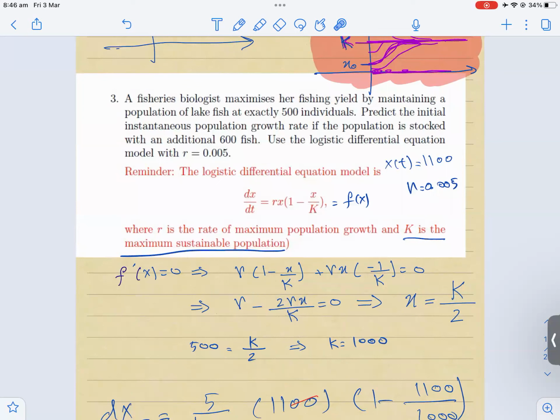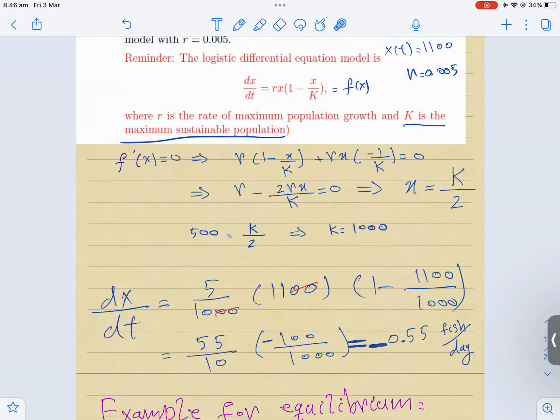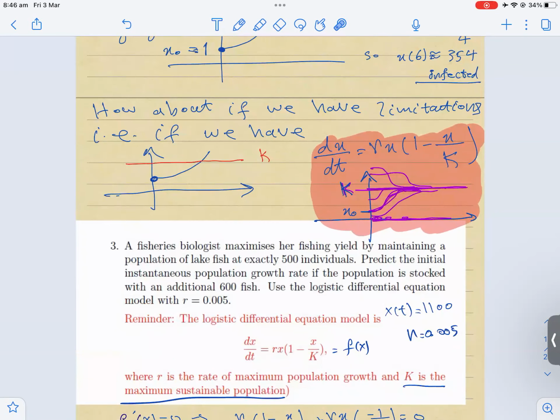Now, the question asks us to calculate x prime. So I will put just the rest of the formula: 5000, x is 1100, 1 minus 1100 divided by 1000. So the answer will be minus 5500. So we are almost here, and we want to decrease it.